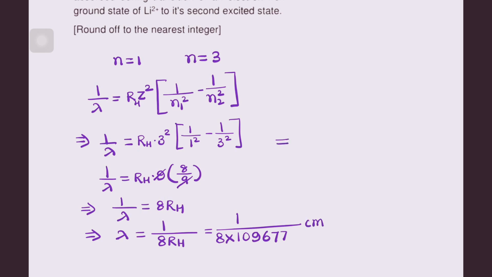If you just solve it, we'll be getting 1.14 into 10 raised to minus 6 centimeter. And we want it in angstrom, so we can just write it as 114 into 10 raised to minus 8 centimeter, or 114 angstrom, because 10 raised to minus 8 centimeter is 1 angstrom. So this is the final value, that is 114 angstrom.